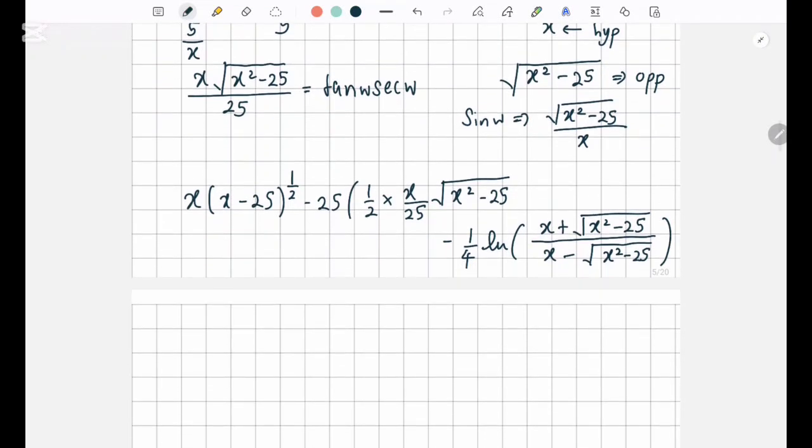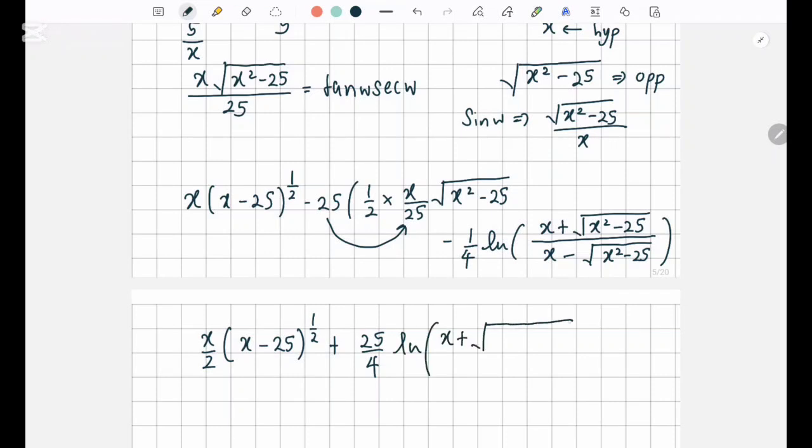Okay, let's expand the brackets. You can see when you multiply these together, they'll cancel off, and you'll have x over 2 into x squared minus 25 to the power half plus 25 over 4 ln x plus root x squared minus 25 over x minus root x squared minus 25. Yep, this is your final answer, and don't forget plus c.